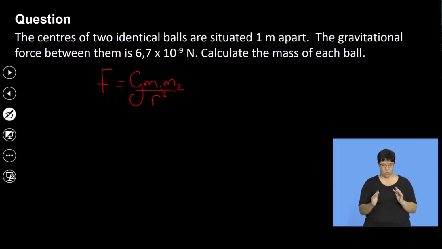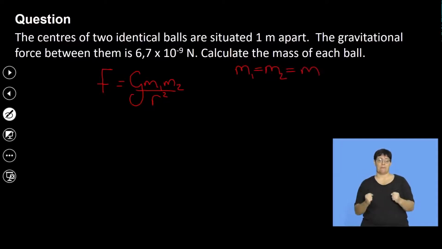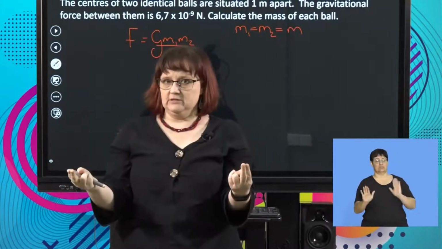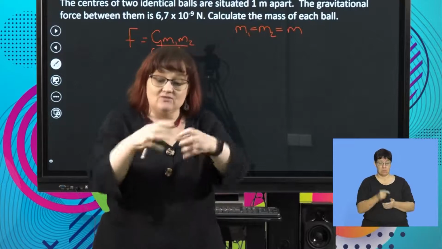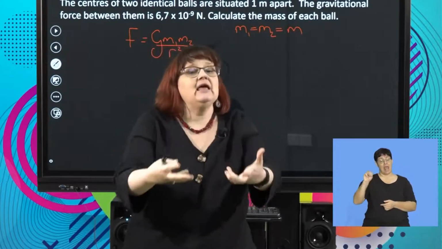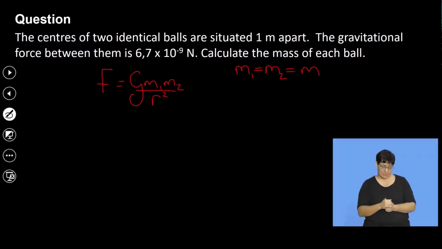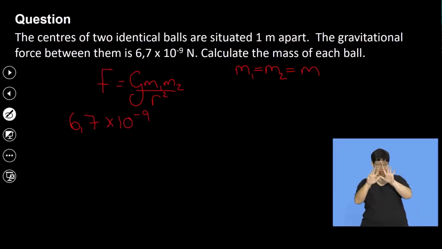Because the two balls are identical, I'm going to go mass 1 is equal to mass 2, and I'm just going to make that m. When I use the subscripts 1 and 2, I'm saying they're two different objects. By saying that those objects happen to have a mass of m, I'm making my maths a bit easier. Let's substitute in what we know. 6,7 times 10 to the minus 9.